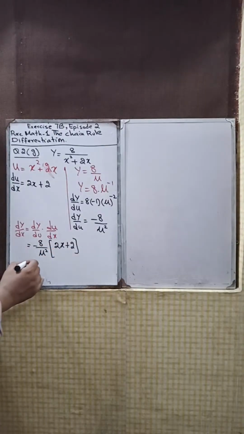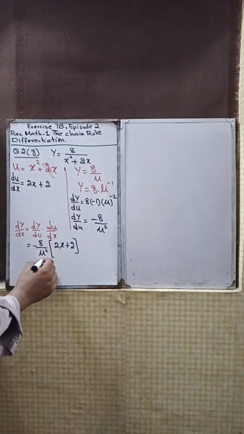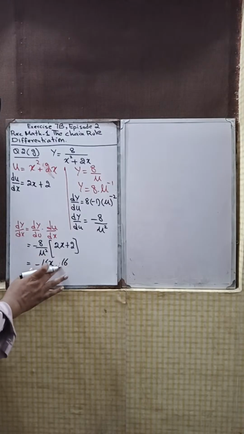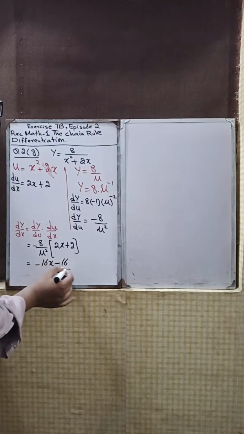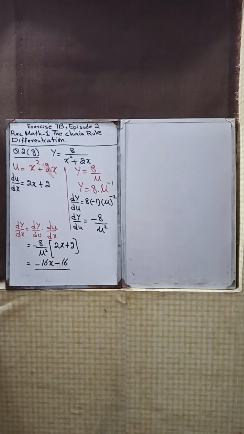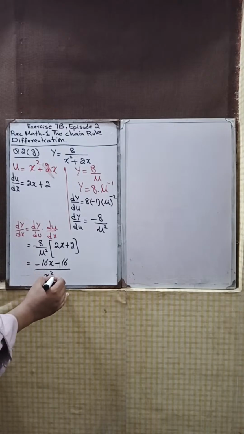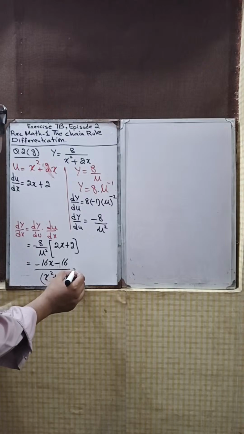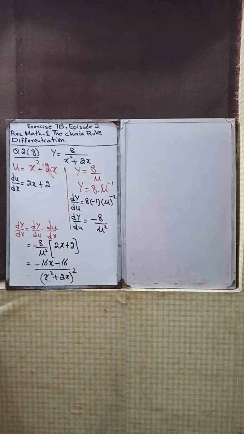So replace the value of u. This will become minus 16x plus 16, divided by, in the place of u, I will put that value back, x square plus 2x, and the whole thing squared.